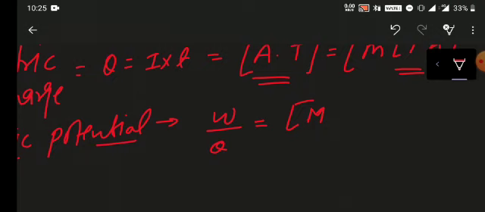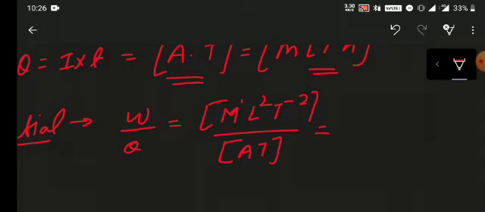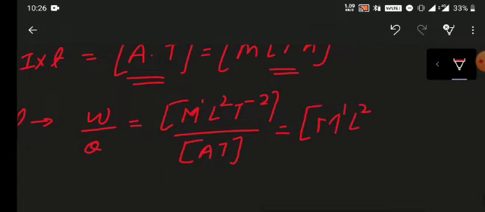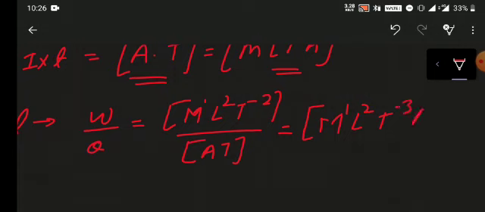What is the dimension of work done? M1 L2 T minus 2. Okay, this is the dimension of the work done, and charge has the dimension of AT. So the final dimension of electric potential is M1 L2 T minus 3 A minus 1. This is the dimension of electric potential.